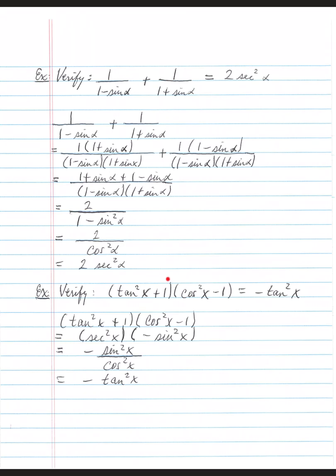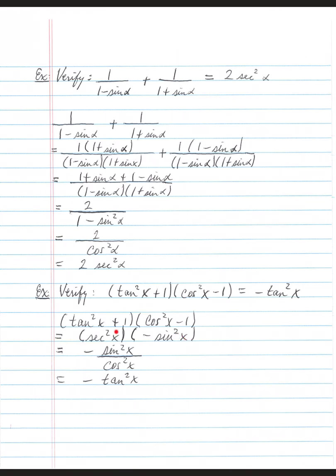Let's verify tan squared x plus 1 times cosine squared x minus 1 is equal to negative tangent squared x. You could FOIL these, but using Pythagorean identities, these two terms can be written as secant squared x, and these two terms, with careful manipulation, can be written as negative sine squared x.